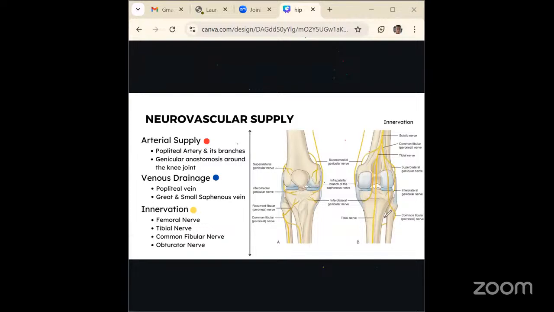Obturator nerve, we can see common fibular, we can see tibial, we can see the genicular, and then the saphenous nerve. But then someone might be asking, I cannot see the femoral and the obturator nerve.